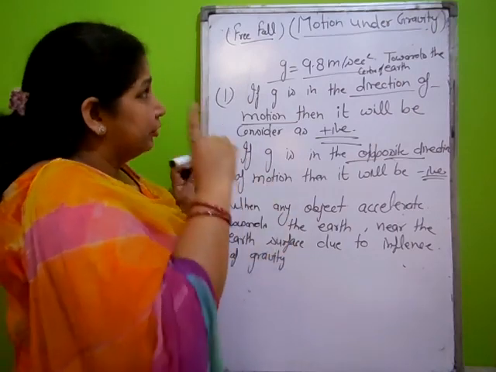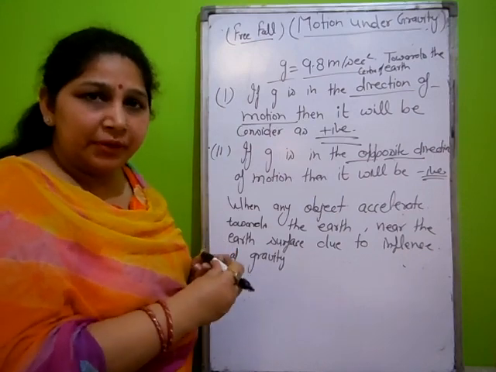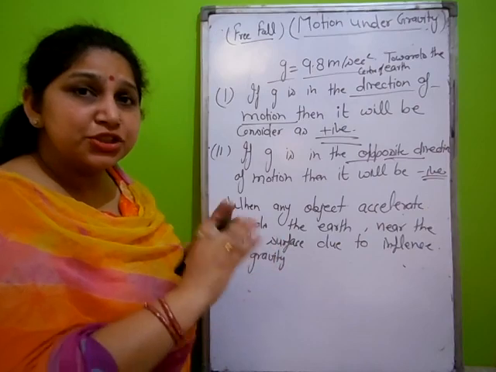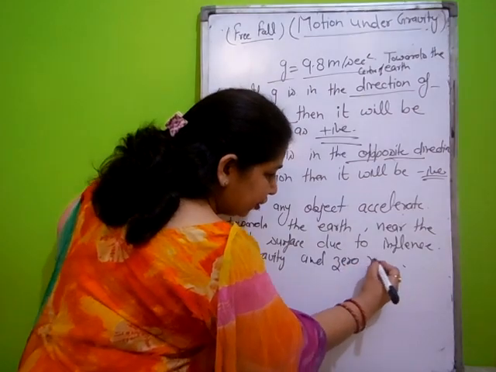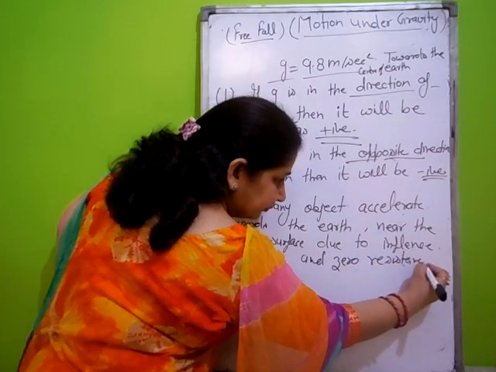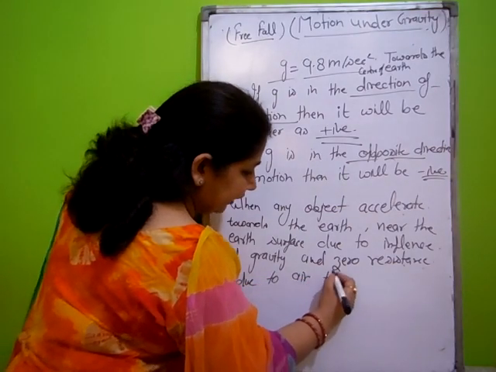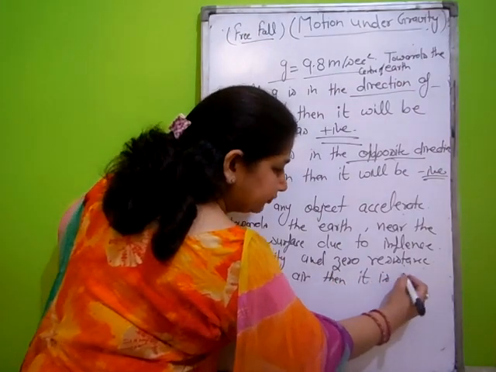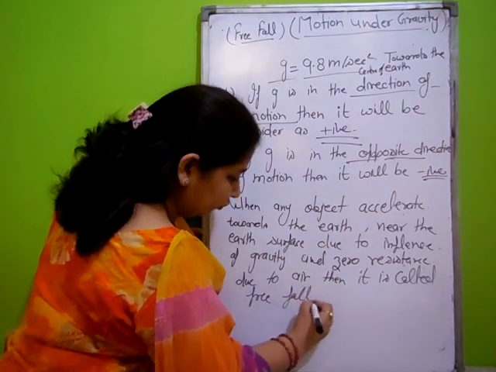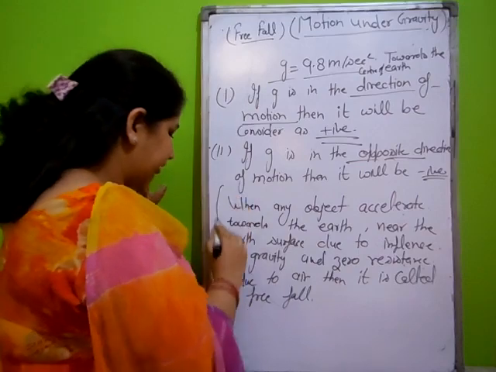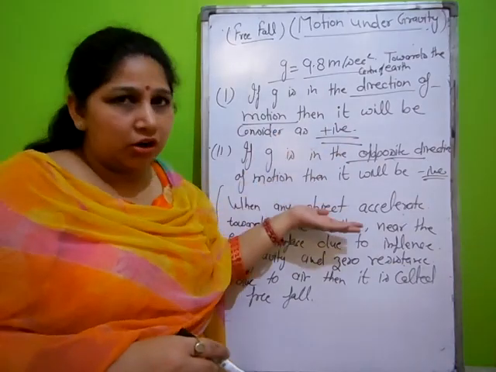And one thing more, during the free fall we will consider the resistance due to air, due to environment, due to atmosphere, negligible, meaning zero resistance due to air. Then it is called free fall or motion under gravity.